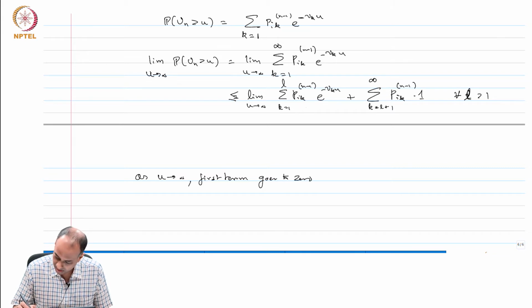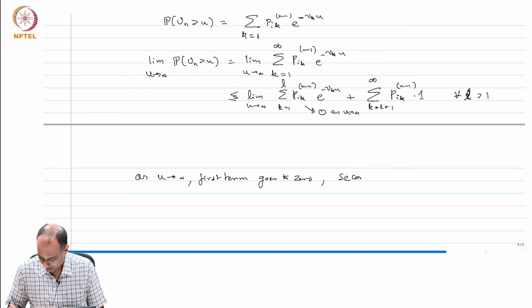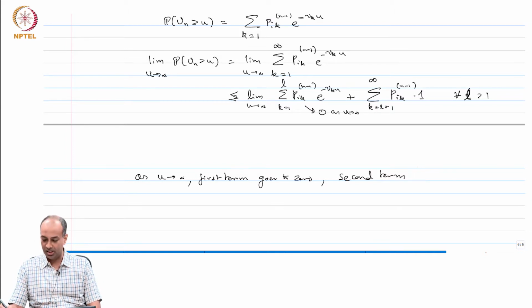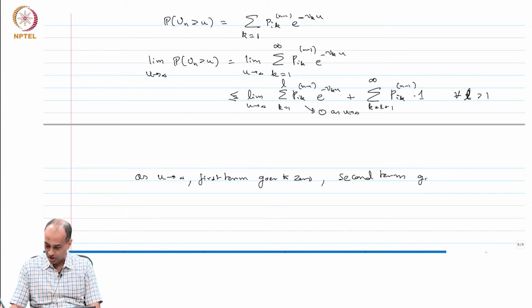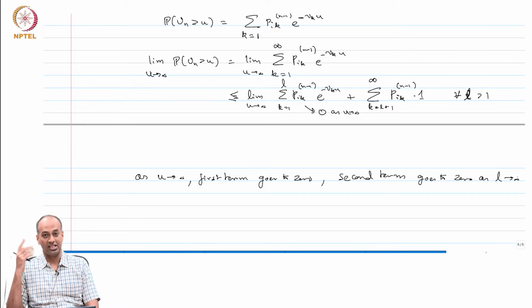So, this goes to 0 as u tends to infinity. The second term goes to 0 as L becomes large, right. That is because it is a tail sum, and all these p_{i,k}(n minus 1) sum to 1 after all, right. So, the second sum goes to 0 if you take a large enough L, right.